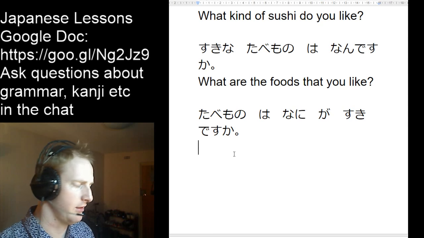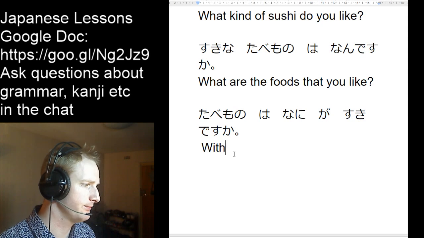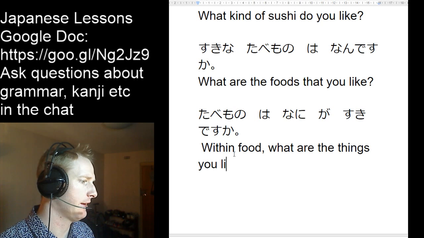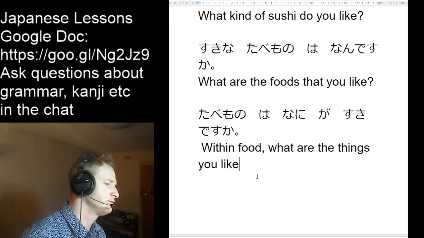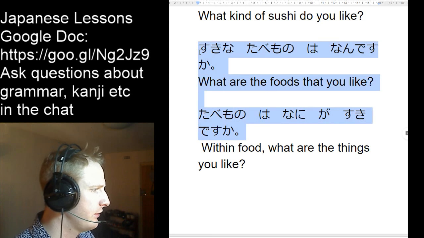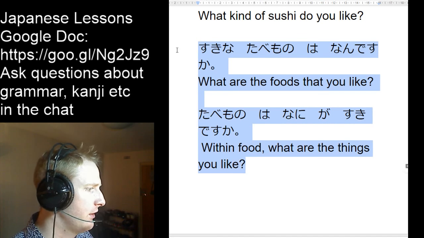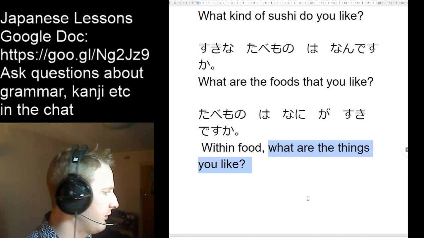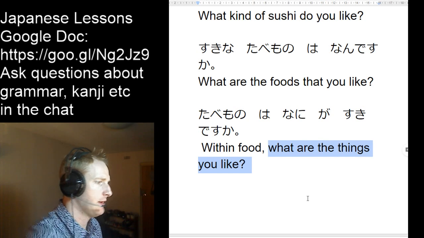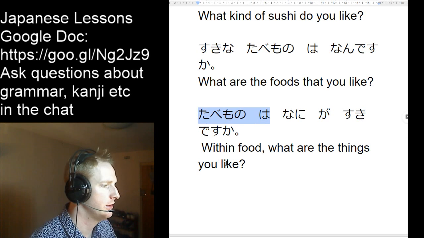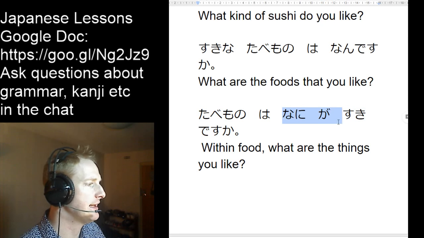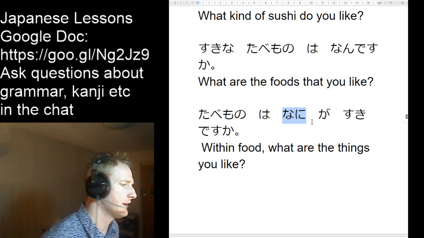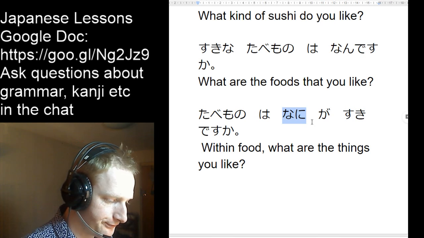So it's basically like within food, what are the things that you like? Okay, so again, it is quite a subtle difference, but you've got to see things now. We've introduced a what, so there is a big unknown here. It's still talking about a set topic, so we can use our tabemono, but you notice here, nani ga suki desu ka? So whenever we have these kind of question words in here, we're going to need our ga in there as well.